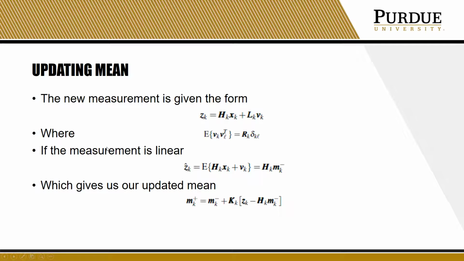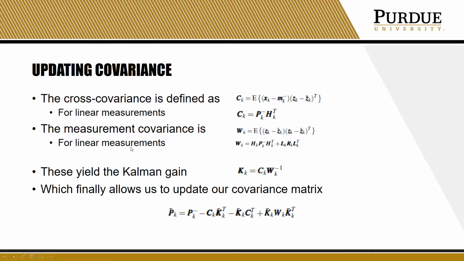Now if this measurement is linear, we can say that z_k hat is equal to the expectation of z, which takes this form, which is simply H times the mean that we propagated to this time step before doing the update. So our updated mean after the update is equal to the mean before updating plus K times z minus z hat. Now this K is called the Kalman gain, and we're going to define it in the next slide.